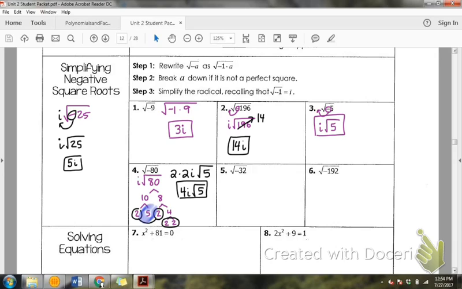So let's look at number 5. You try number 5 and see what you can do. The first thing to do is to pull the i out, right?